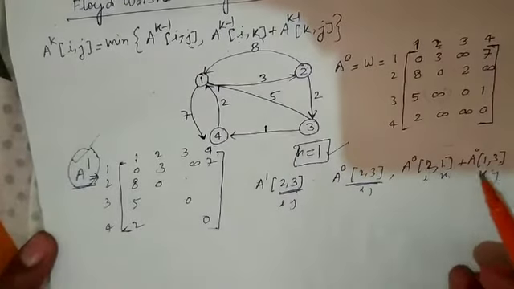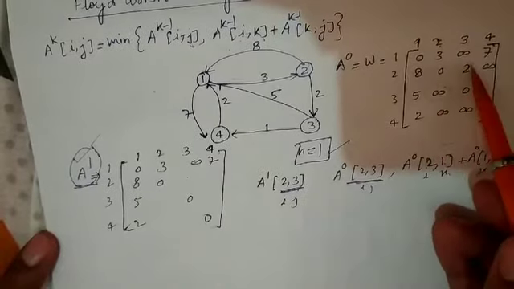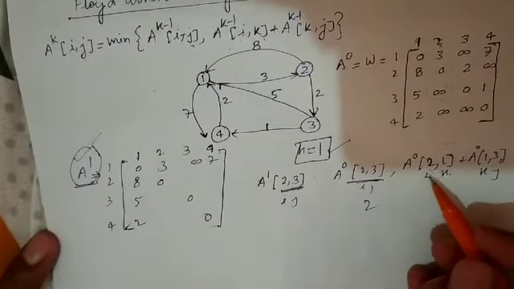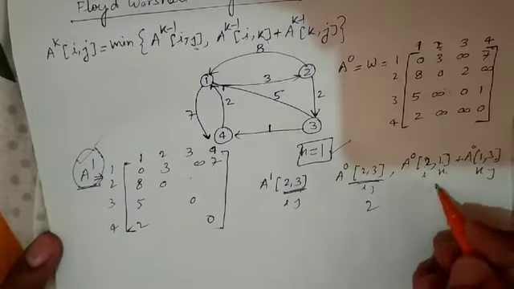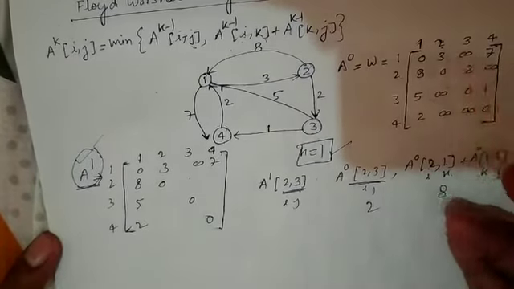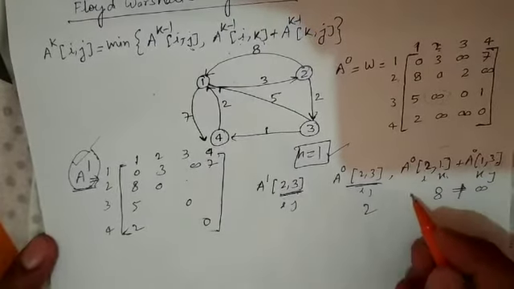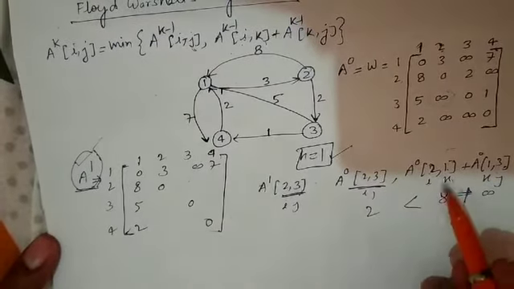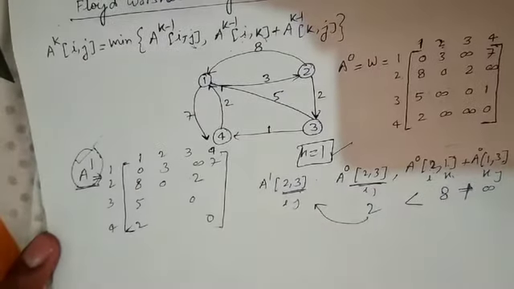So i to k is 2, 1, and k to j is 1, 3. The previous value of 2, 3 is 2. The previous value of 2, 1 is 8. The previous value of 1, 3 is infinite. So 8 plus infinite is infinite. Since 2 is less than infinite, 2 will be copied here.